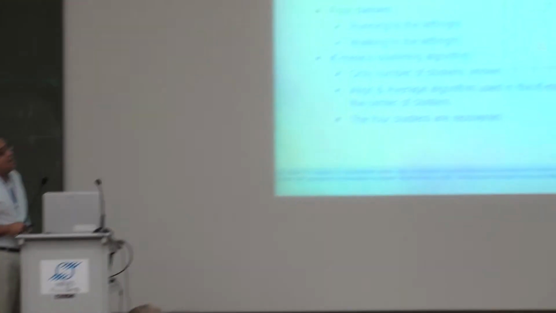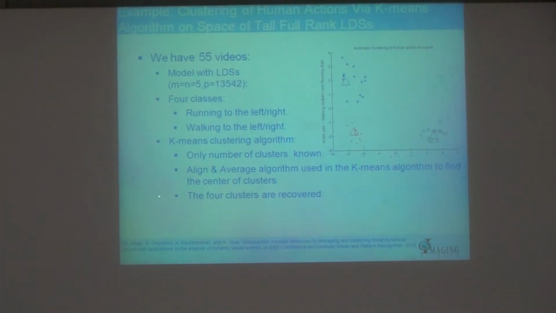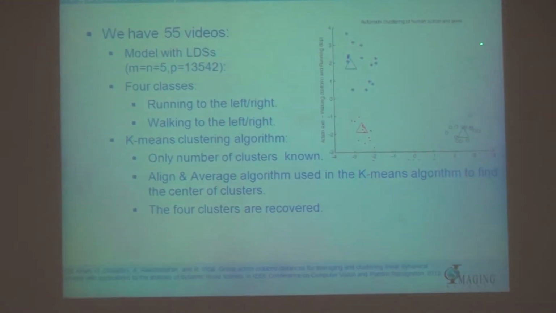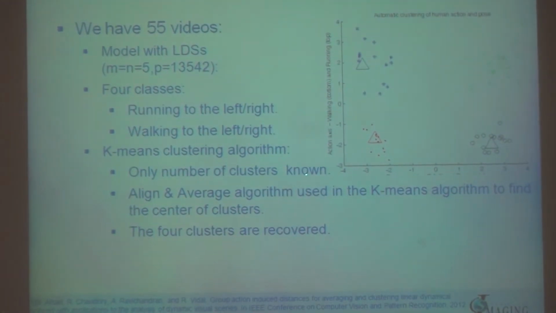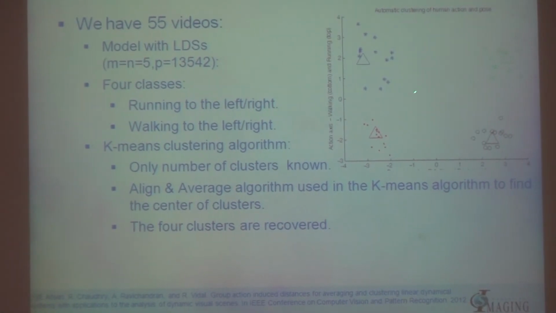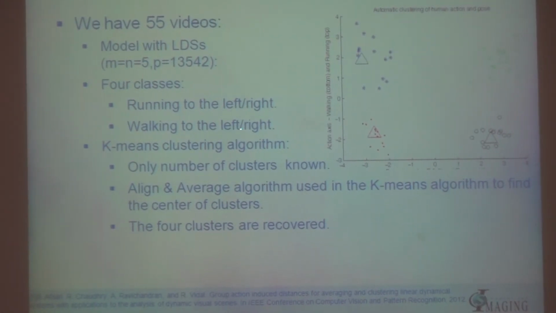And here is an example that we worked out. The situation is that we have 55 videos. We know that they come from 4 different classes, but we don't know the classes. So we will run a k-means algorithm. If you recall, the k-means algorithm is based on finding the centers for clusters and then comparing the centers and iterating till you get clear clusters.